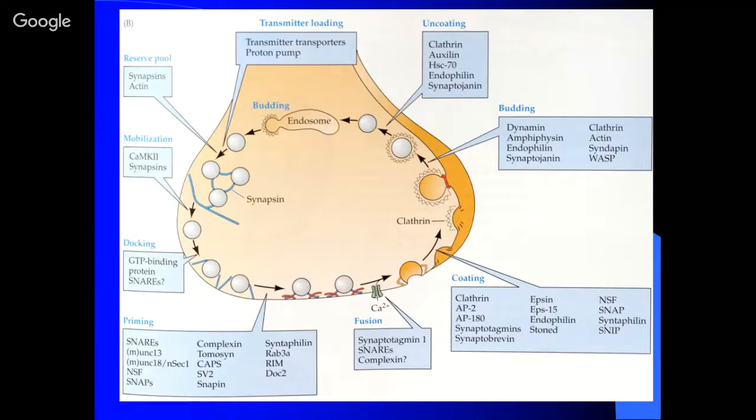So SNAREs were interesting. The term SNARE doesn't mean very much, but it has to do with a protein which was originally isolated from fungi. The fungi have to be able to both fuse and to cleave themselves, so they needed proteins to be able to separate and run the membrane portion of cell replication.